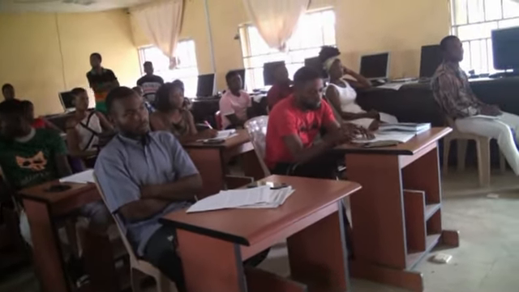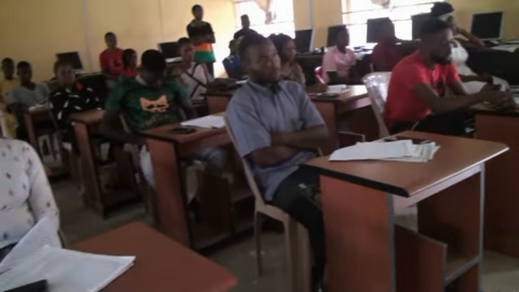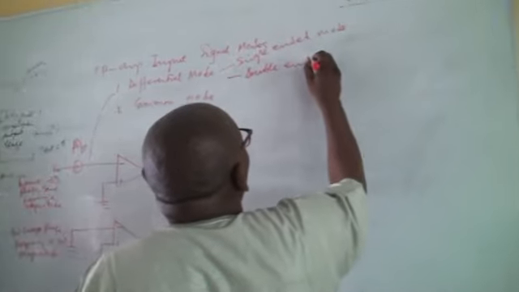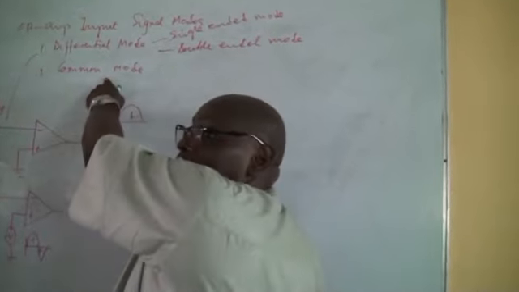That is all about the single-ended in the differential mode as we're discussing, and I discussed the inverted and the non-inverted. Then under the differential mode, we have another one that is called the double-ended mode. We have not come to this one. Are we together?